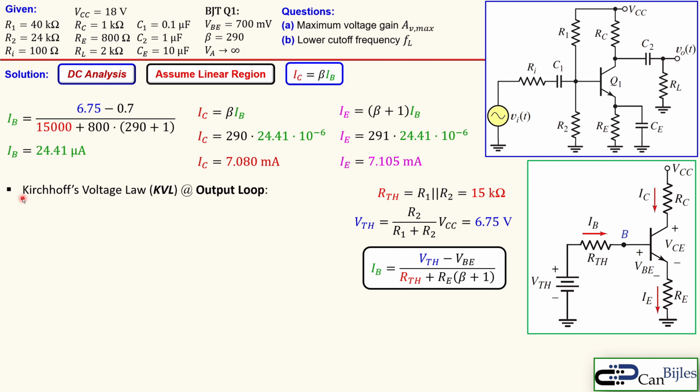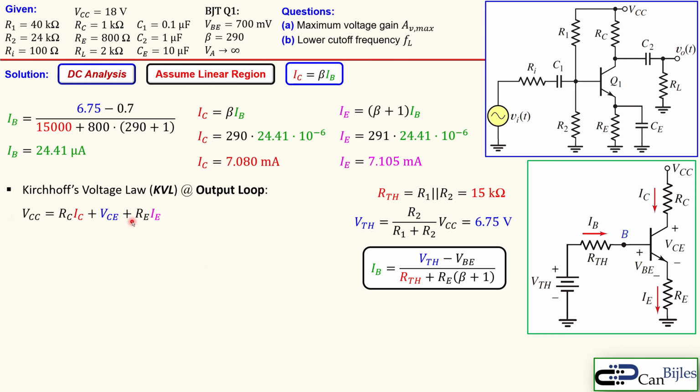Now let's verify that this is indeed working in the linear region. We first apply Kirchhoff's voltage law at the output loop, looking at this circuit again, to determine the voltage VCE. You see VCC is equal to the voltage across RC plus the voltage VCE plus the voltage across the RE.